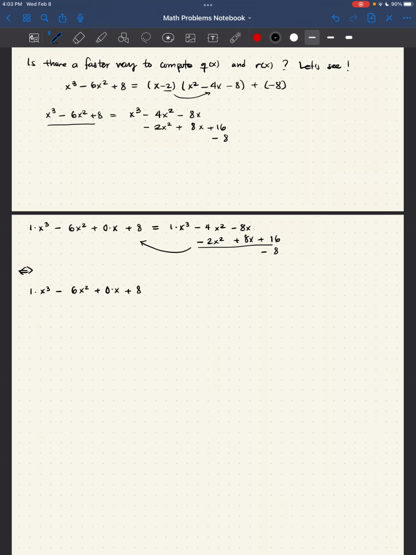Well, then I have plus 2x squared minus 8x minus 16, and all of this is equal to 1 times x cubed minus 4 times x squared minus 8x minus 8, right? But now look at what we have here. This is the remainder.